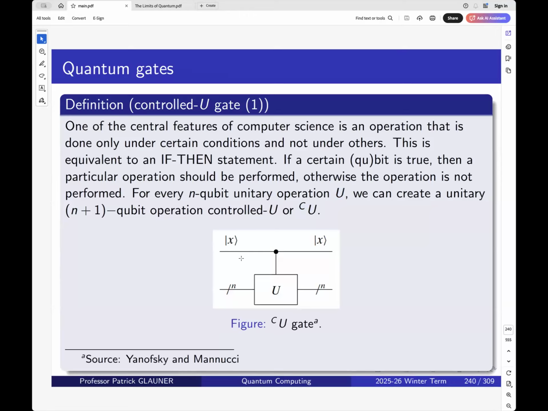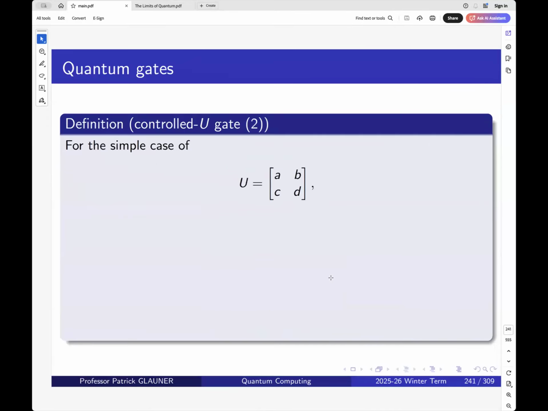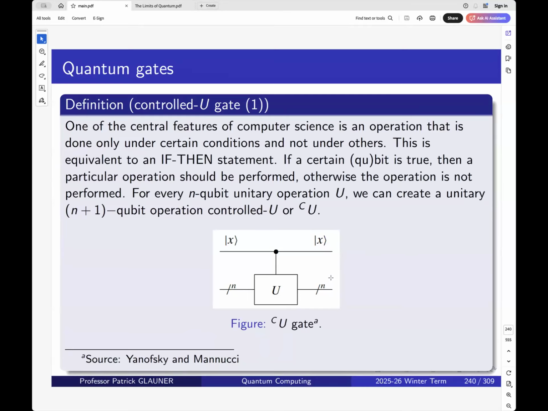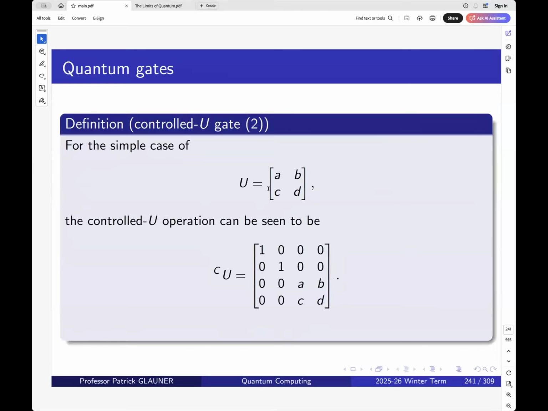So with this gate, based on X, I can turn N into a different N. So it's N inputs and N outputs, but I apply an operation here based on this control qubit here. And this would allow me to manipulate n qubits and change them into something, but I still have n output ones. And this could be represented as an n+1 qubit operation.